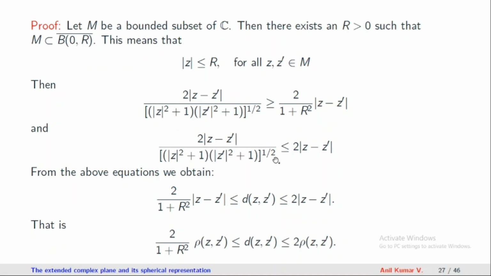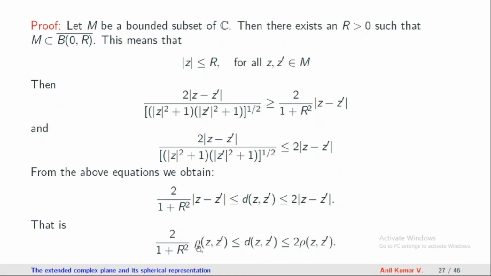So this expression is less than or equal to 2 times modulus of z minus z prime. Combining these two inequalities, we obtain 2 divided by 1 plus r square into mod z minus z prime is less than or equal to distance between z and z prime, which is less than or equal to 2 times the distance between z and z prime. But this is the usual distance between the points z and z prime in C.